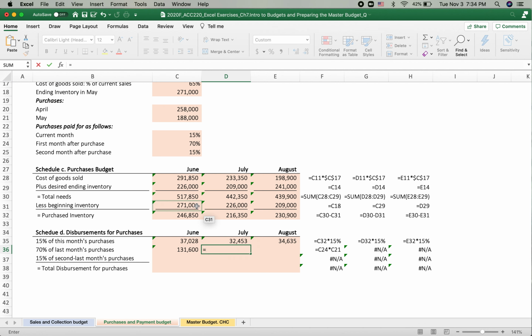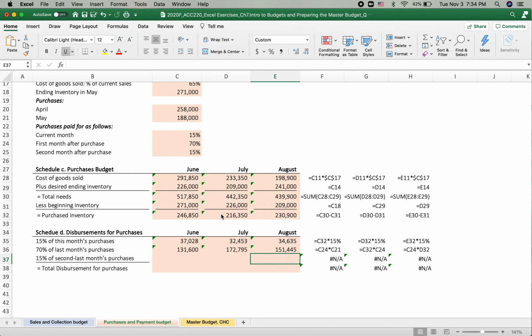Here we'll use this last month's purchase inventory times 70%. So 172,795. In the same way, 70% times now the last month.